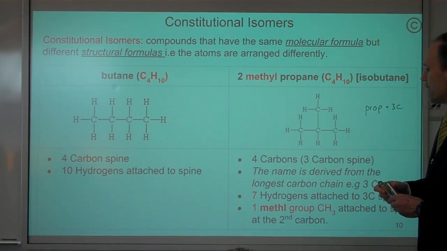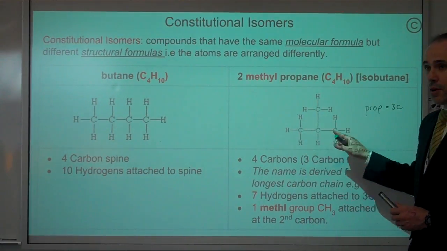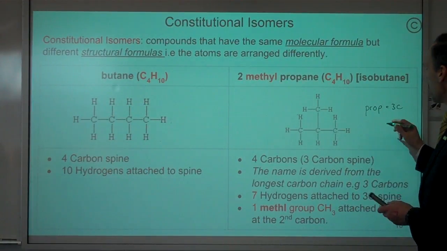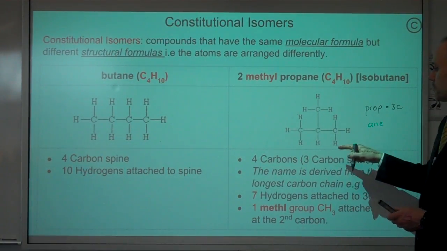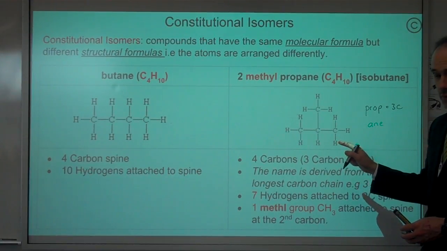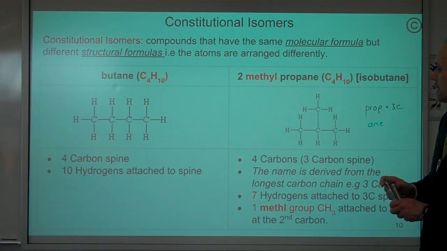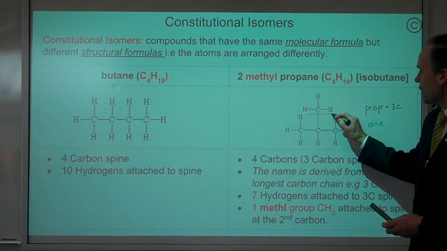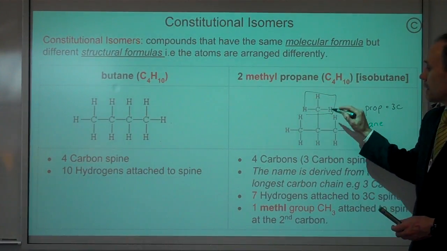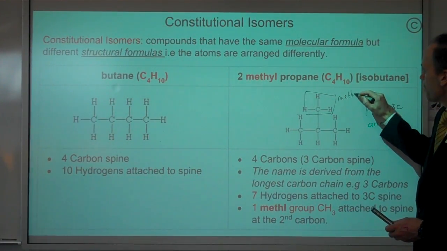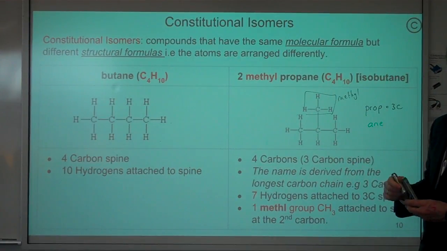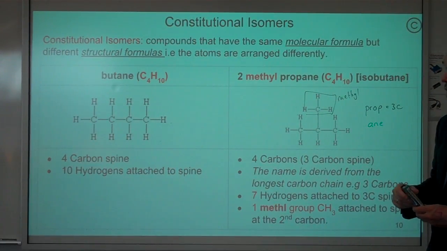Okay. Now, are there any double bonds? Okay, so it's an ane in terms of only single bonds, and a CH3 group like that is called a methyl group. CH3 out the side is called a methyl group.